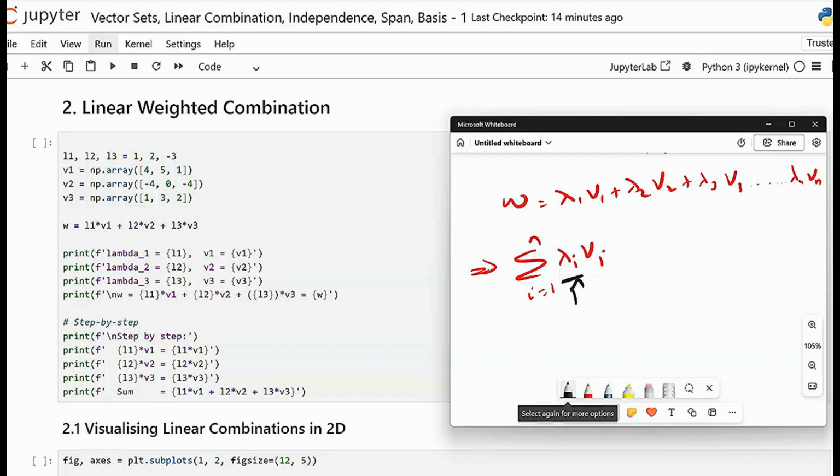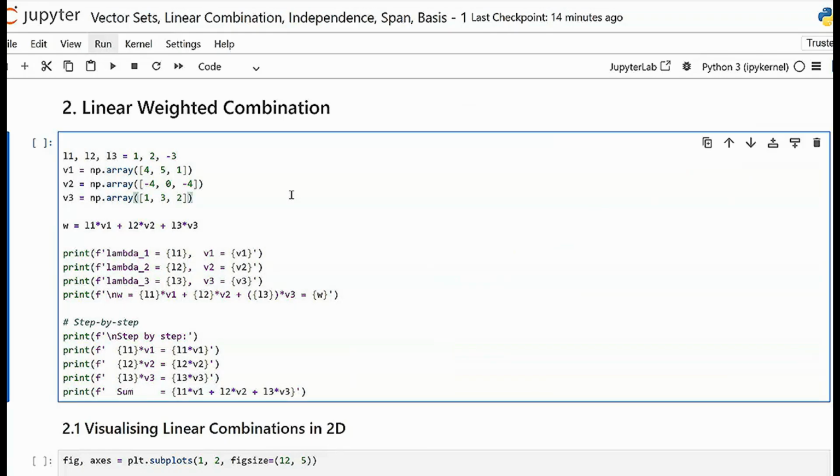Let me move on to the code here. Kindly observe, these are the scalars: lambda 1, lambda 2, lambda 3. And we have three vectors: v1, v2, v3.